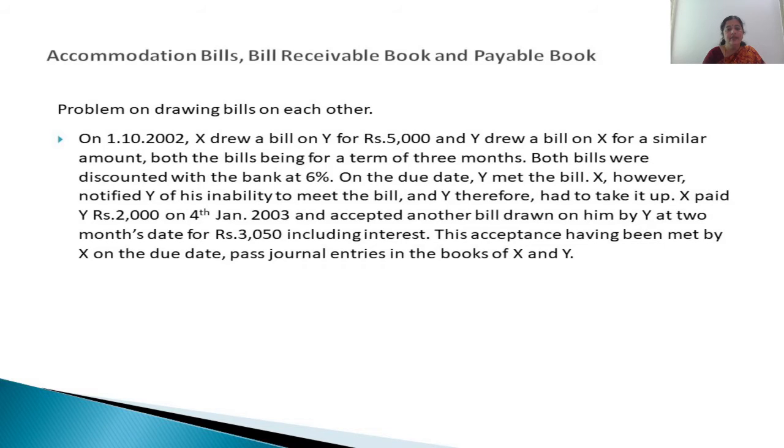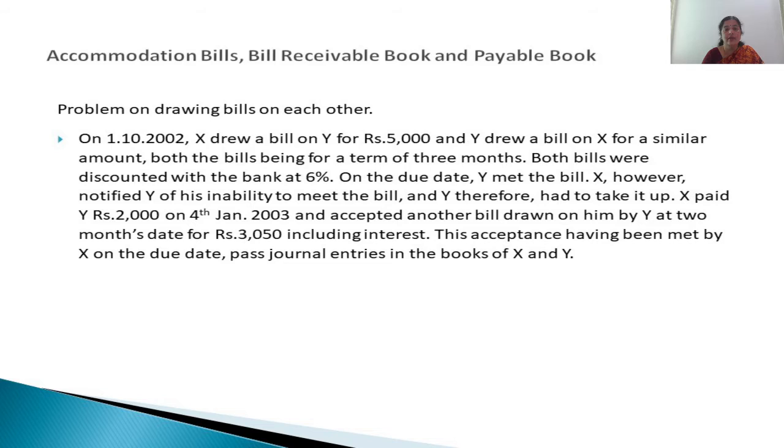Then on the date of maturity, that is on the due date, Y met the bill. Yes, on the due date, there are two parties understood, I believe. Y met the bill. So Y honored the bill that is presented to him by X banker.